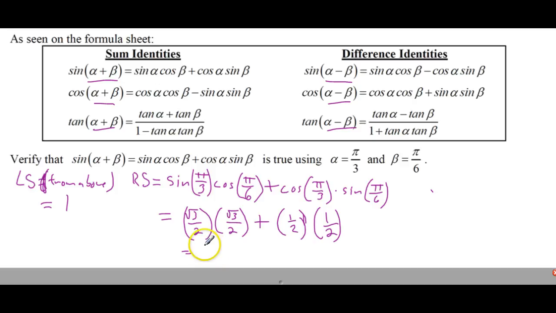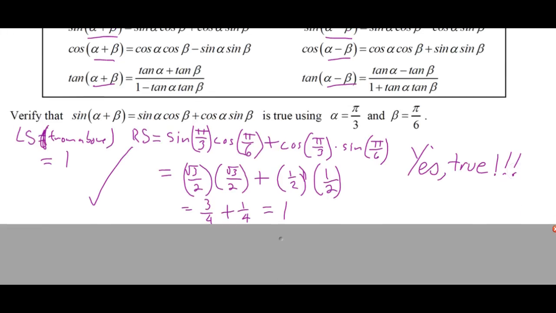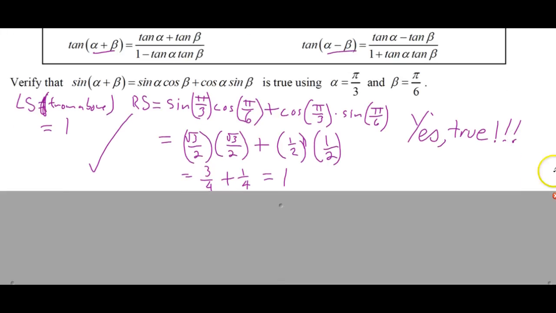So root 3 times root 3 is 3, so we get 3/4. Half times a half is 1/4, and 3/4 plus 1/4 is 1. And we put a big hooray, and we say, yes, true, exclamation, exclamation. And huzzahs.